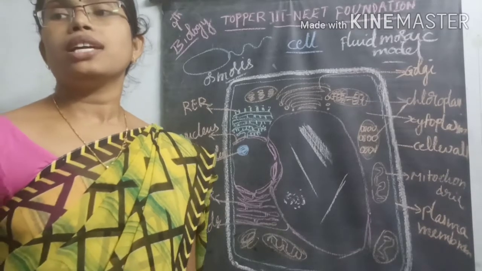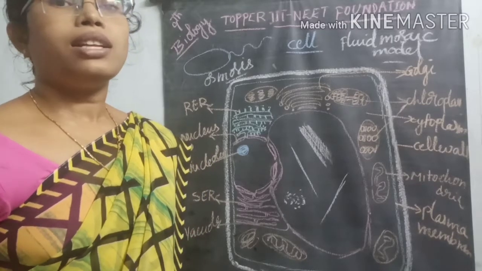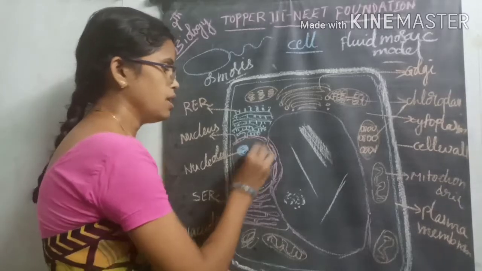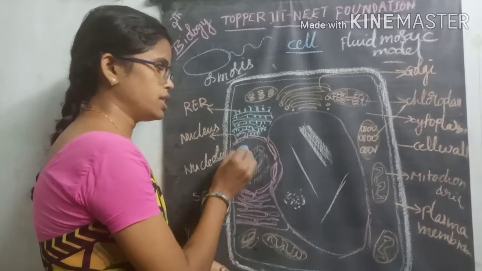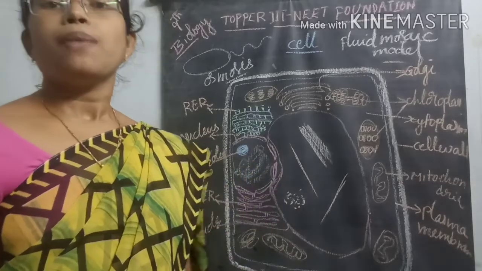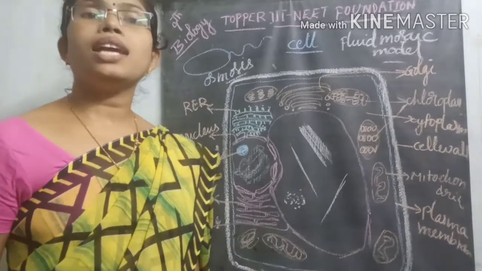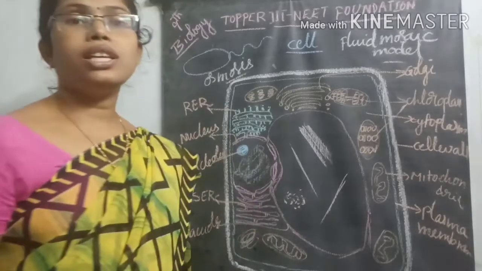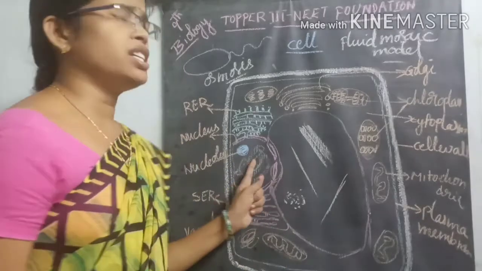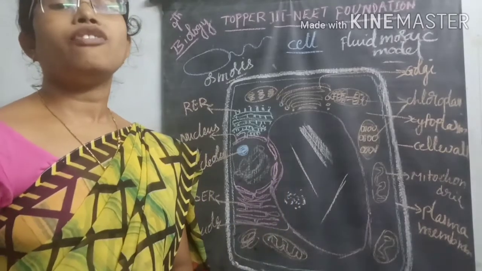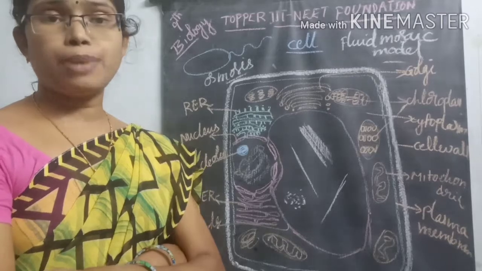Inside that there is genetic material, and inside that the nucleolus is present. Inside the nucleus there are some rRNA and ribosomal proteins, and the genetic material which is present inside the nucleus is in the form of chromosomes.